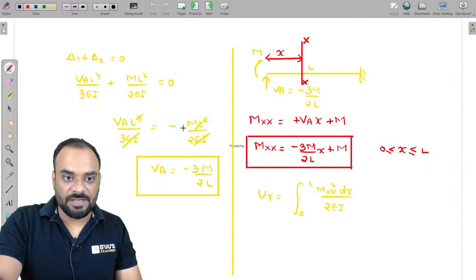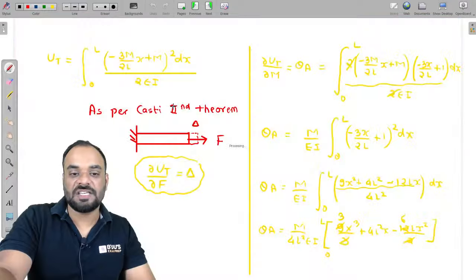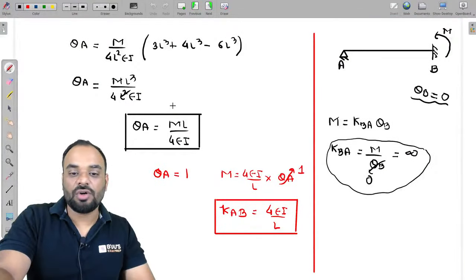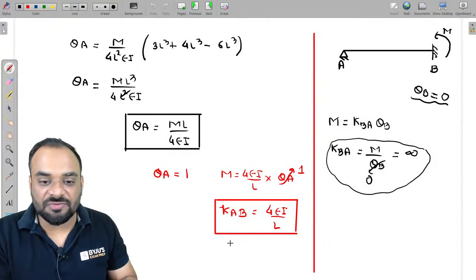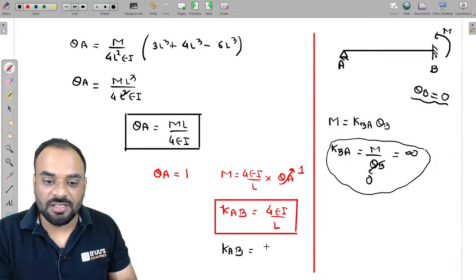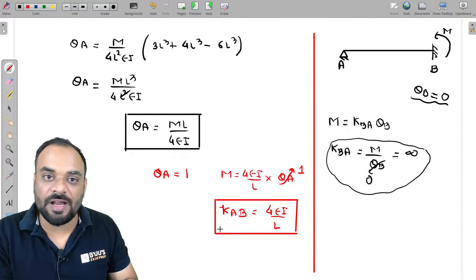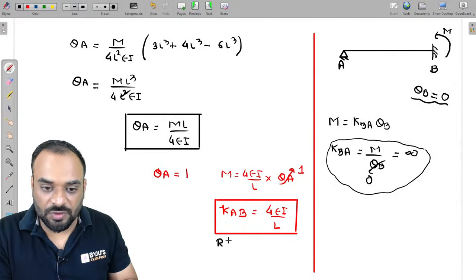When the far end is fixed, what is your stiffness? It is basically 4 EI by L. So if I want to write down the relative stiffness for the same member at the same support condition, then relative stiffness is equal to K_AB by 4E.